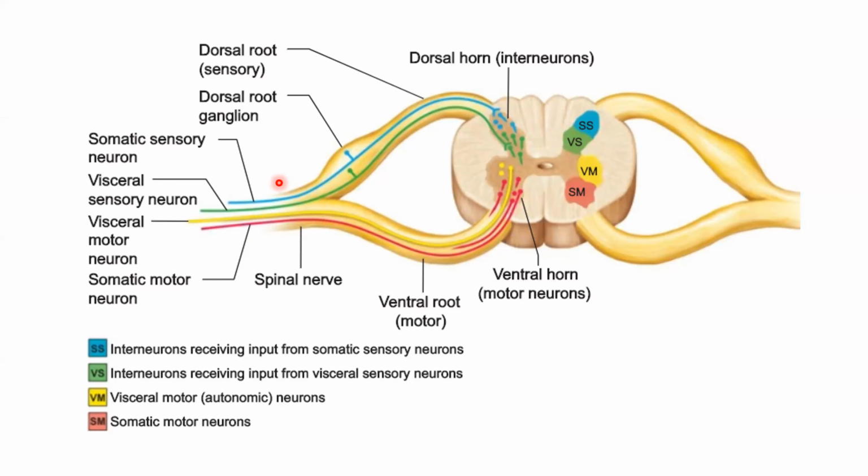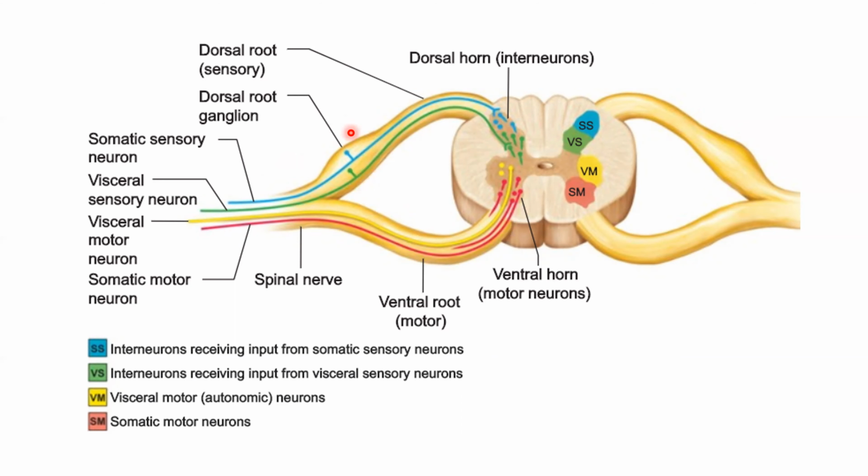So over here, spinal nerve, all spinal nerves are mixed. You can see it has both sensory fibers and motor fibers, and two types of sensory fibers, somatic and visceral, and two types of motor fibers, somatic and autonomic. But when it's split into two roots, ventral root and dorsal root, those roots are each one type: dorsal root is sensory root, and ventral is motor.